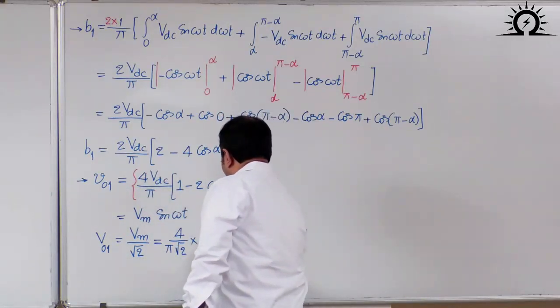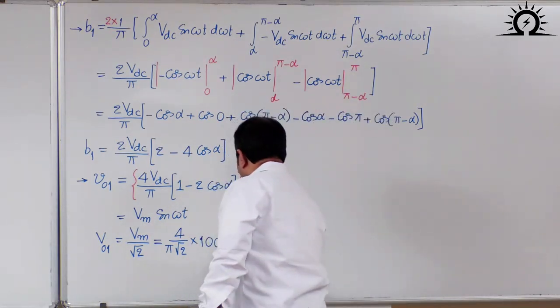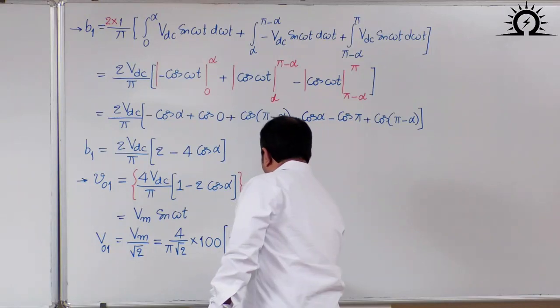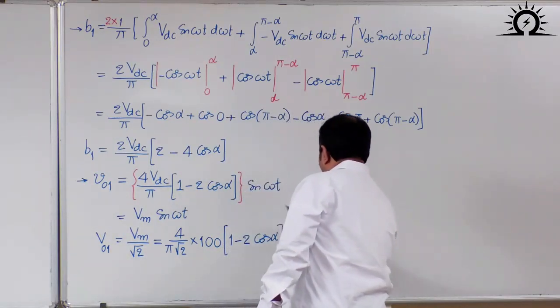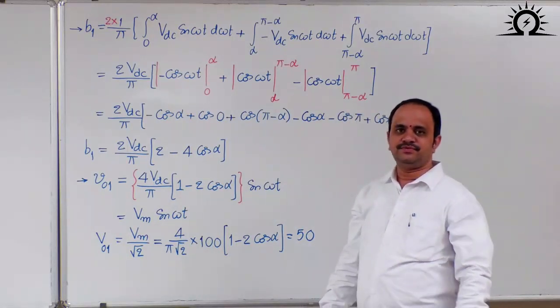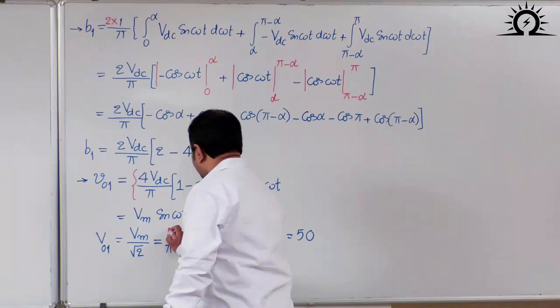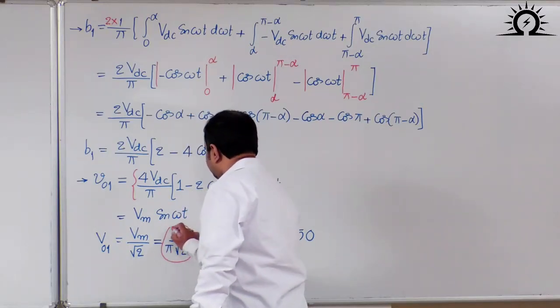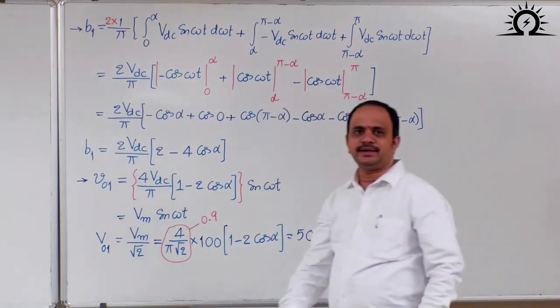VDC, let me substitute the value 100 volt multiplied with 1 minus 2 cos alpha. This value is given as 50 in the data. So, if you calculate this particular number, you will get 0.9.